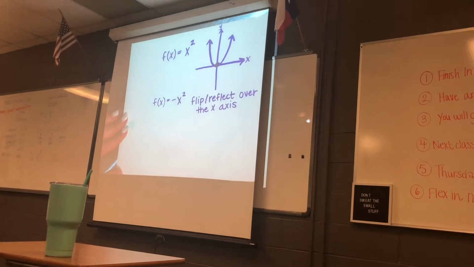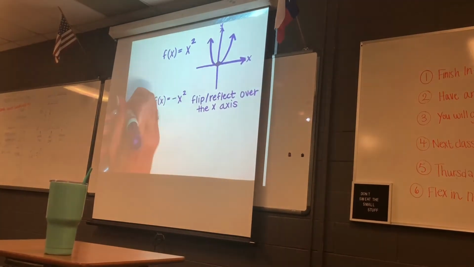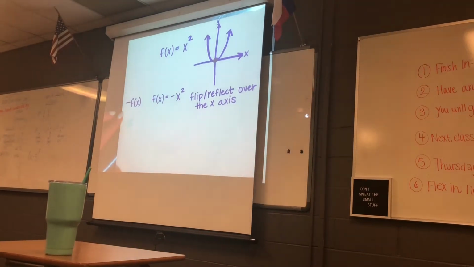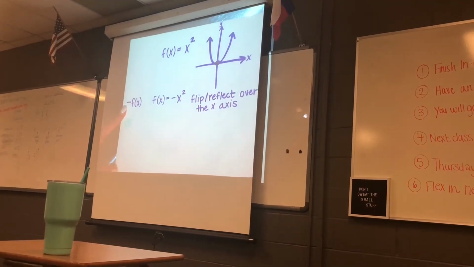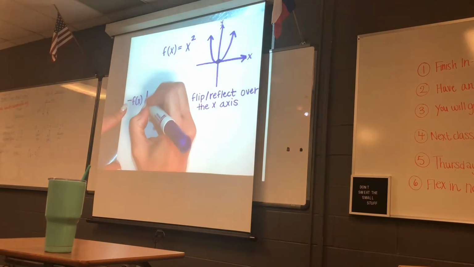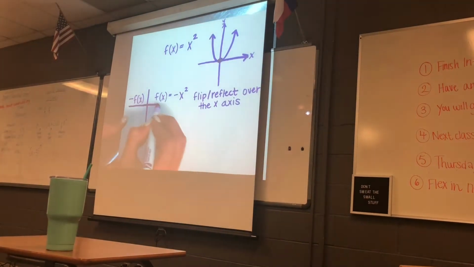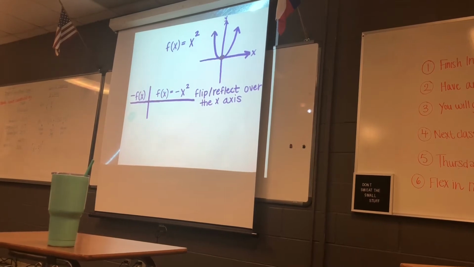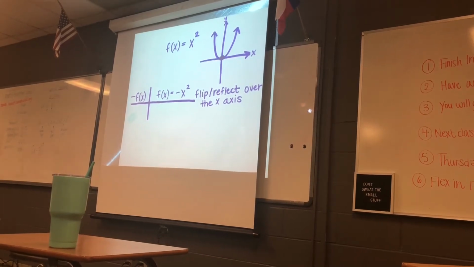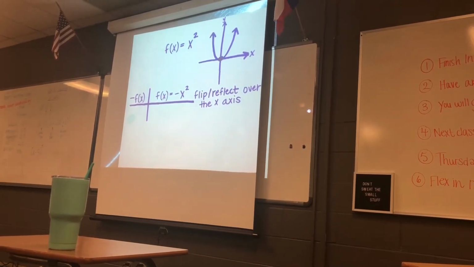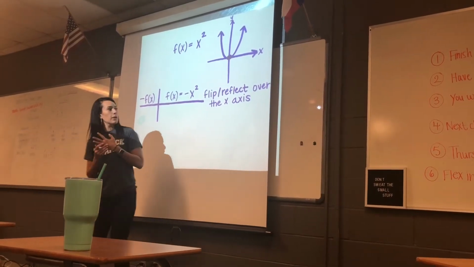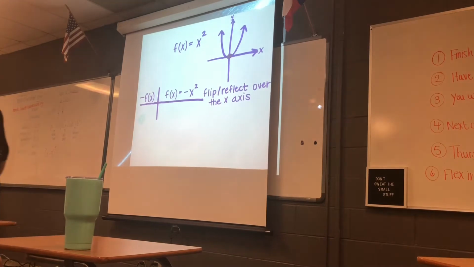I believe on your paper you will actually see this written as negative f of x. It's the same thing. They're still just putting the minus sign in the front to tell you it is going to reflect over the x-axis.